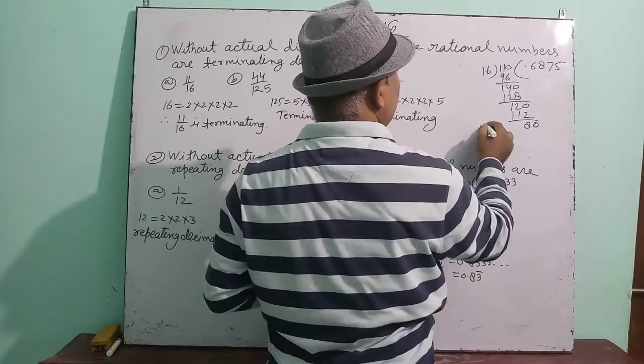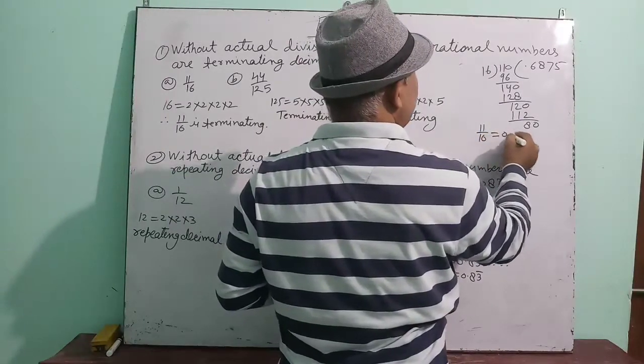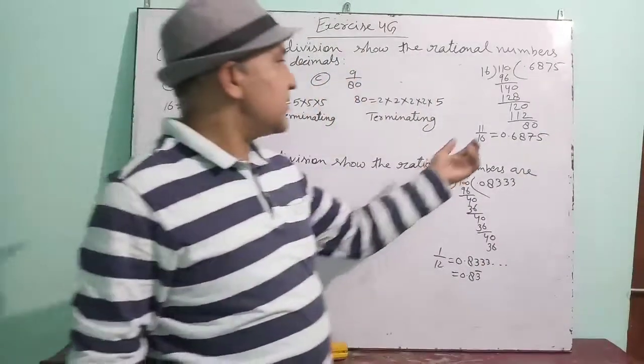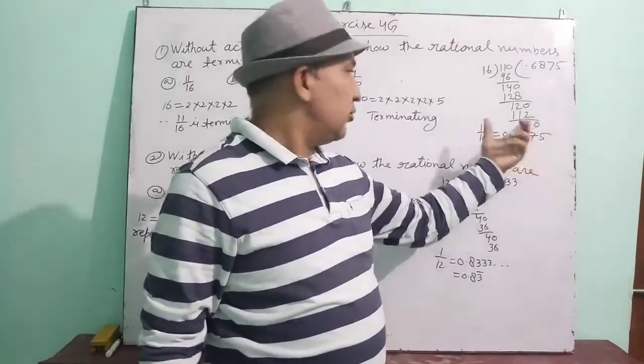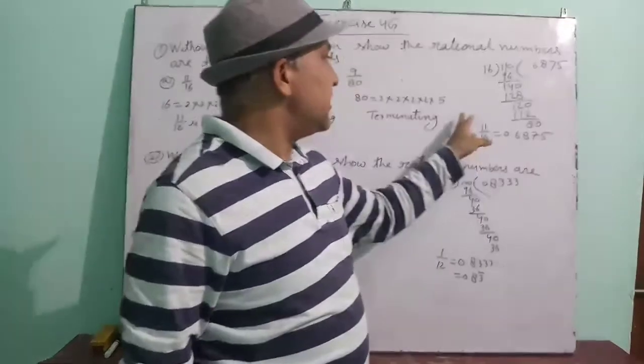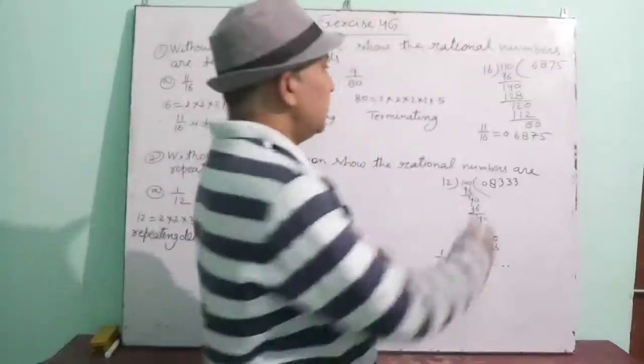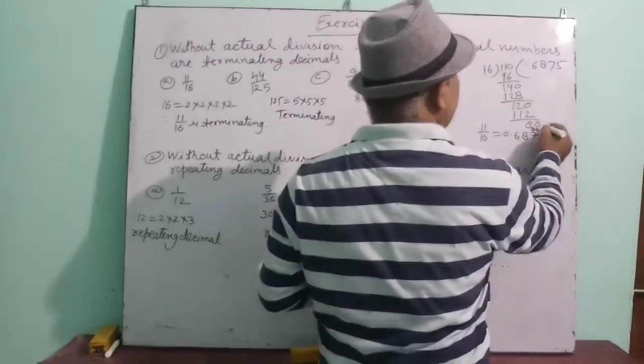See this one, 11 by 16 is equal to 0.6875. You can see your division is over. That means this is your terminating decimal, because 16 into 5 is 80.